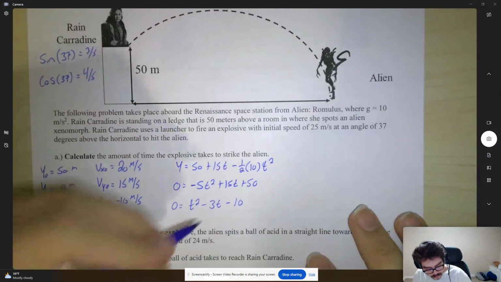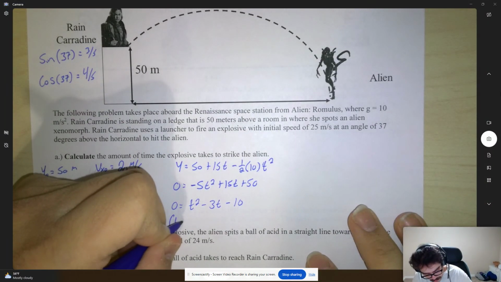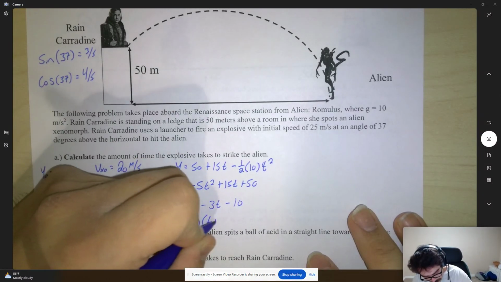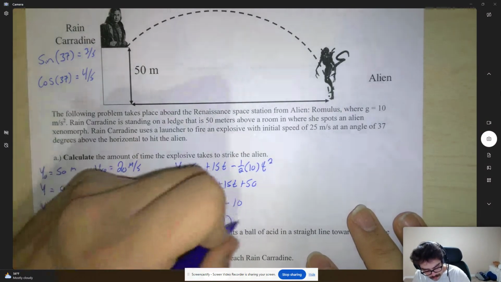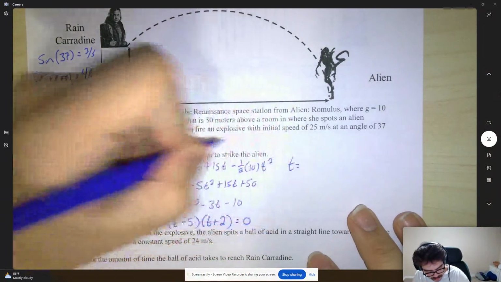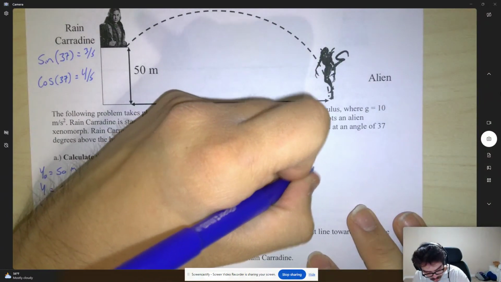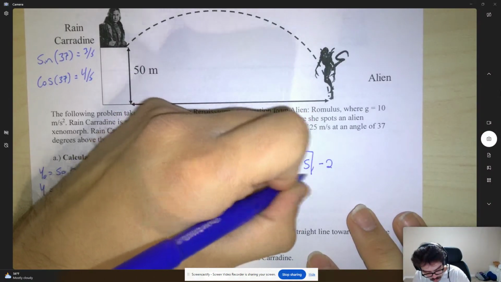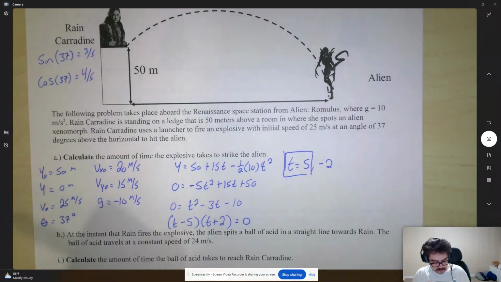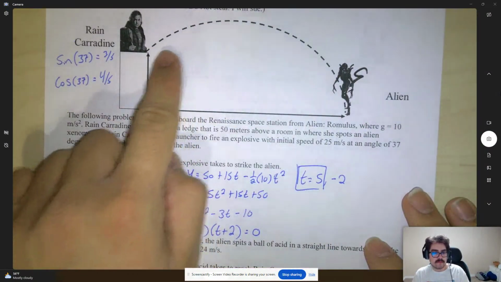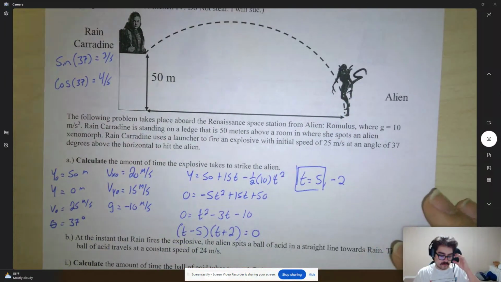So I should get t minus 5 times t plus 2 equals 0. And then therefore my solutions are going to be t equals positive 5 and t equals negative 2. You would have to accept the t equals 5 solution because negative time does not exist. That implies that if we went back in time, like let's say if this was a full parabola, we went back in time 2 seconds, it would be right at the floor level again.